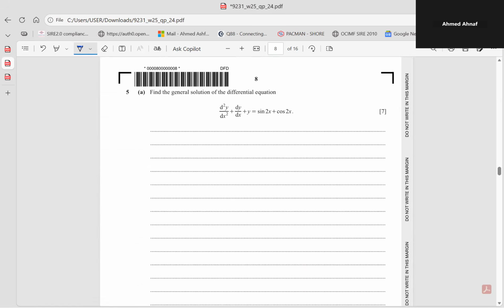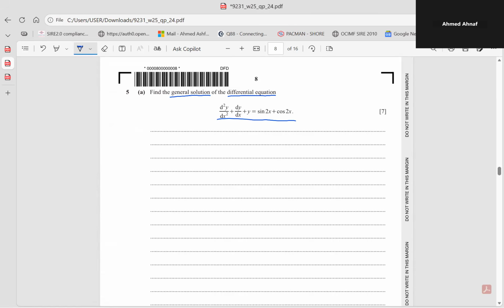For the first part of this question, we are told to find the general solution of this second order differential equation right here. For any second order, third order differential equation, the first step that you must do is to form the auxiliary equation.